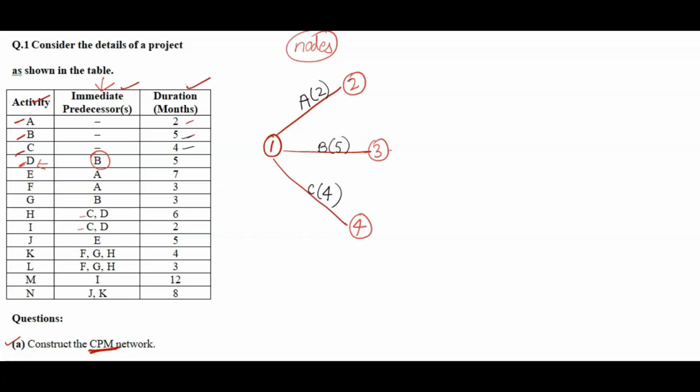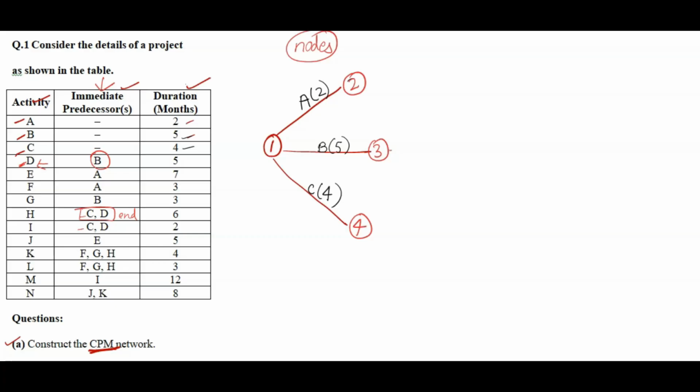But if the activity for which we are going to draw the network is a predecessor somewhere and that too is connected, D is connected with C, what does it mean? CD will be together. CD will be together means CD will end together. For C and D, the ending node will be the same.